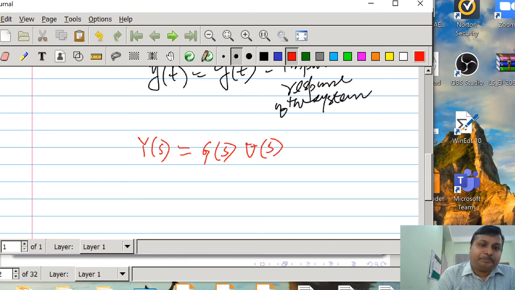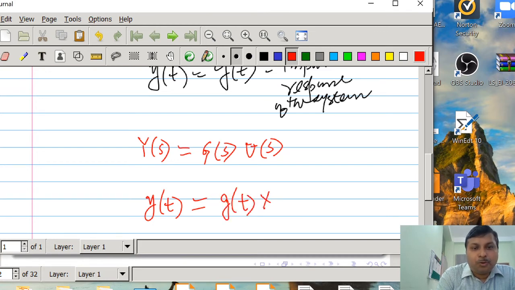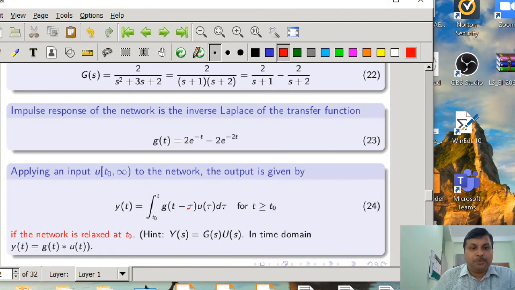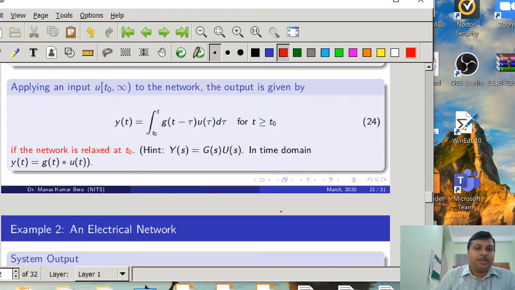Now from here, how can we find y(t)? It will be g(t) convolution u(t). And from the definition of convolution, you know that it will be the integral from t0 to t of g(t − τ)u(τ)dτ for t greater than or equal to t0. Fine.